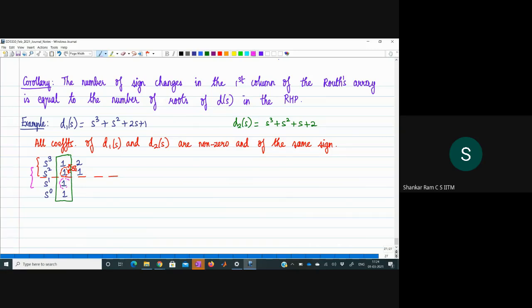It is this one multiplied by this one, minus the product of this and then divide by this one. Since the two rows immediately above s power 0 are s power 1 and s power 2, you need to start the multiplication with the elements in the s power 1 row. Okay. So that's the solution.